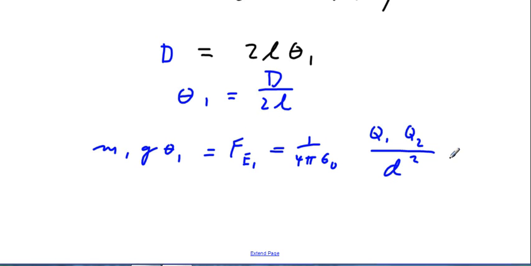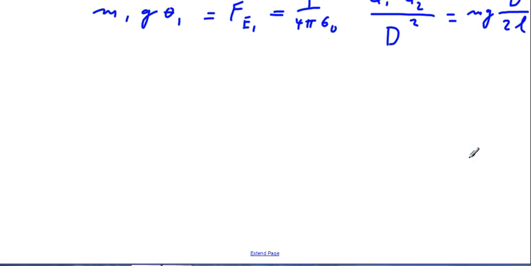And that this has to be mg times the distance between them over 2L. And that little d there should be a big D. It's a little d in our equation, but we're using a big D now because of my inconvenient use of variables.